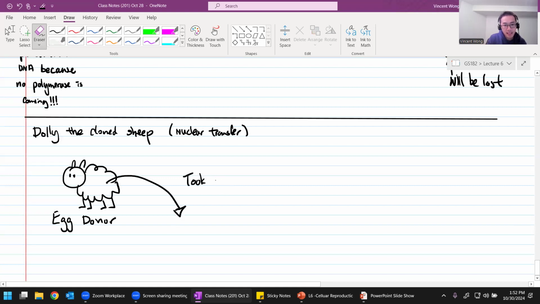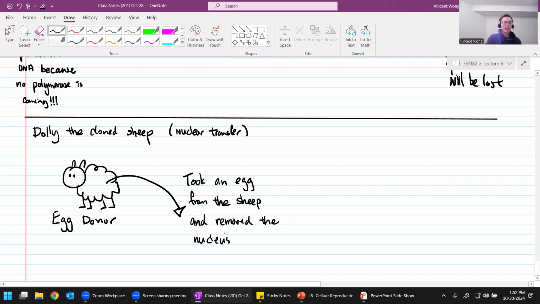took an egg from the sheep and removed the nucleus. Just a bit of background: to make a baby, you need the egg and you need the sperm. The egg has half the genetic material and the sperm has the other half, and after they come together, you get the full set.